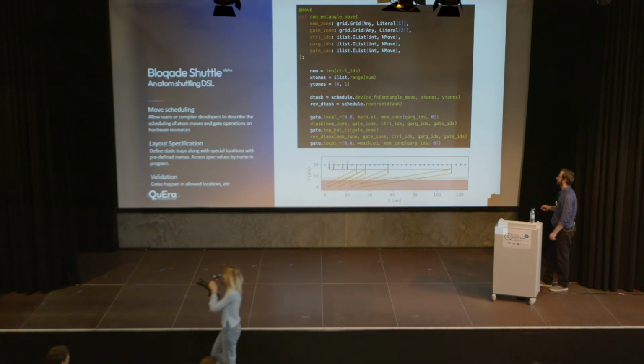Then I'm going to apply the top hat, which is what this red band is called, top hat CZ gate in the gate zone. And then I'm going to call the reverse task, which will effectively take what you just did and do the exact opposite. And then after that, I'm going to finish up the gate by doing basically the opposite pulse. So this is going to give us basically the CX operation.